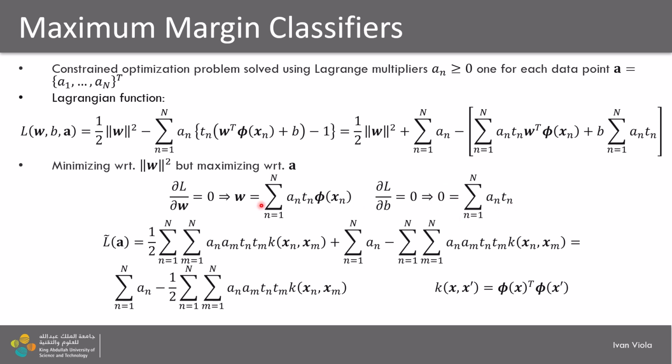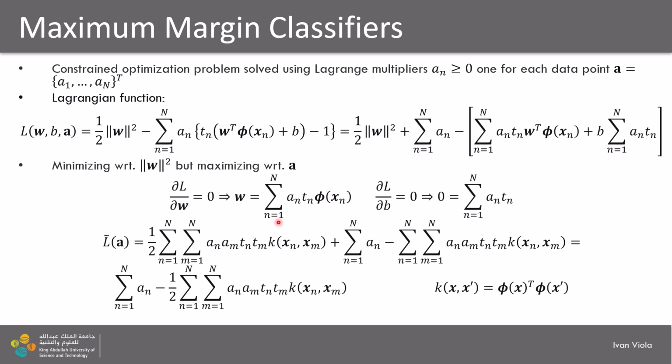So this one will give us a constraint, and this one will give us a way how we can calculate the weights, or how we can replace the weights by these terms.